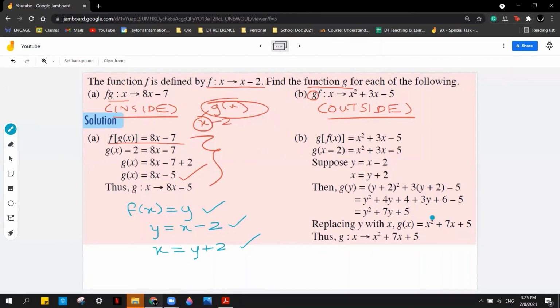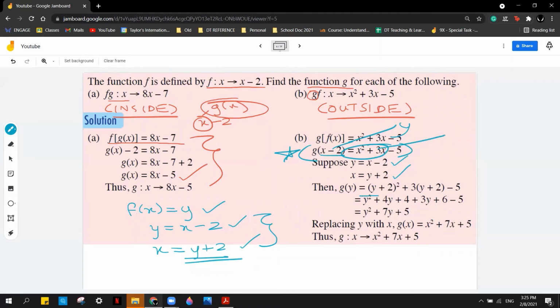What happens to the equation? The function fx here is x minus 2, where y is x minus 2 and x is as we have just explained. Now you substitute all these components into this equation. This one will become y, and all this x here will become y plus 2.